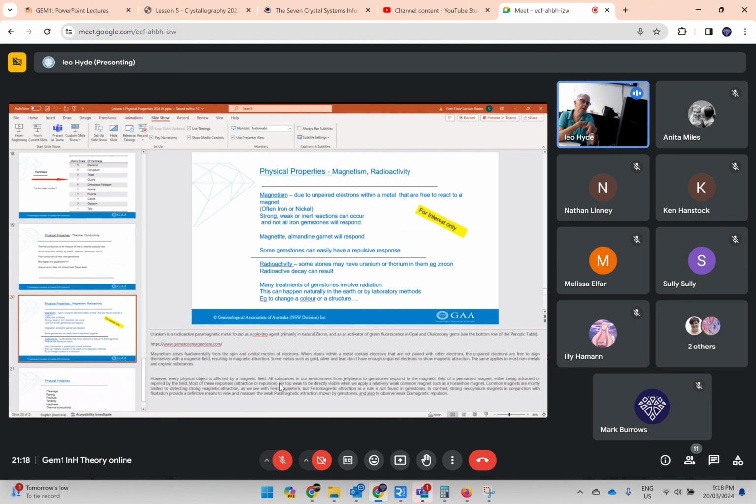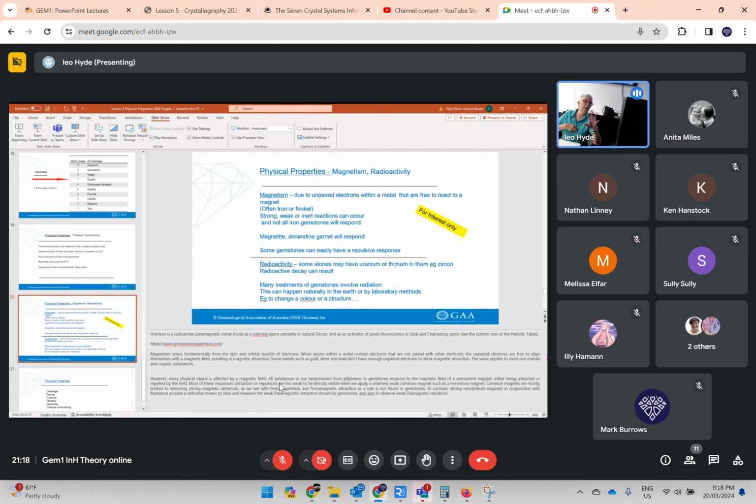So this again is not anything that you need to know, but if you're interested, some gemstones will give you magnetism. It all comes down, like colour and everything else, to electrons and poor lonely unpaired electrons that make all the difference with some of these things. So something like magnetite, which is part of the spinel family, almandine garnet, if they've got a particular type of iron, not all irons, they can react to a magnet.